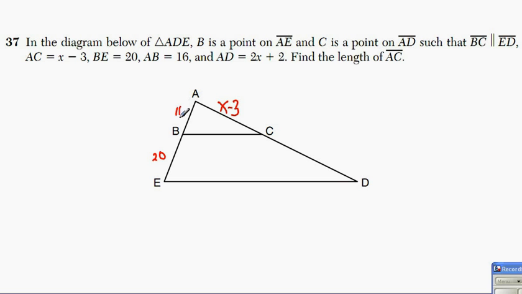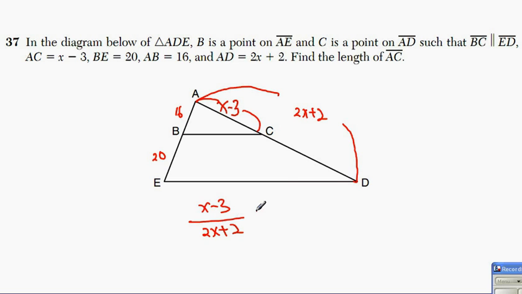And then AB is equal to 16. And AD is equal to 2x plus 2. Essentially what we're looking at is the upper line segment of the whole thing, so the ratio becomes x minus 3 over 2x plus 2.